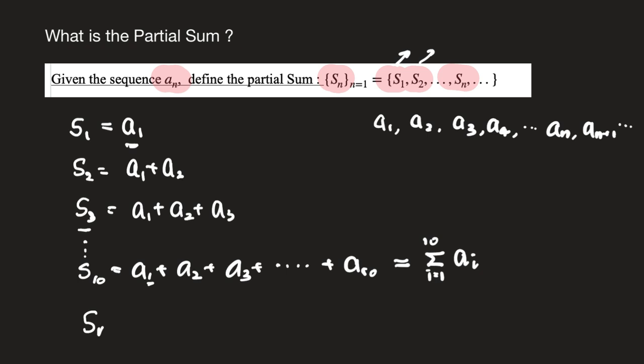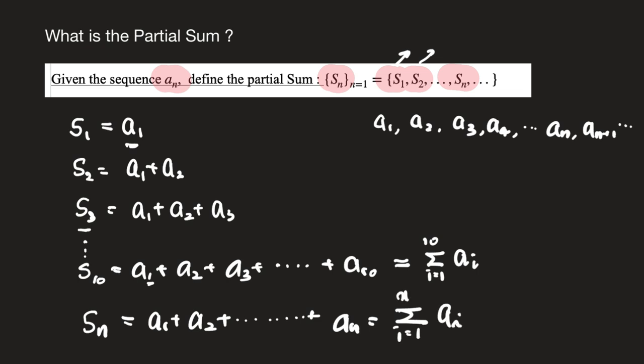So what is the general partial sum? It is A1 plus A2, all the way to the last term, An. We write the partial sum as the sum from i equals 1 to n of Ai. That's the definition of partial sum, okay? Next slide, we're going to practice finding partial sums.